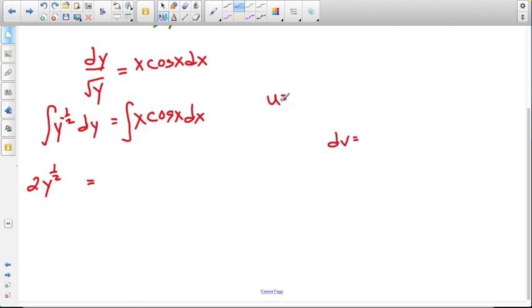We want to power reduce, so I'm going to put u equal to x and dv equal to cosine x dx. If we take the derivative of u, we get dx. And if you integrate dv, you get sine of x.